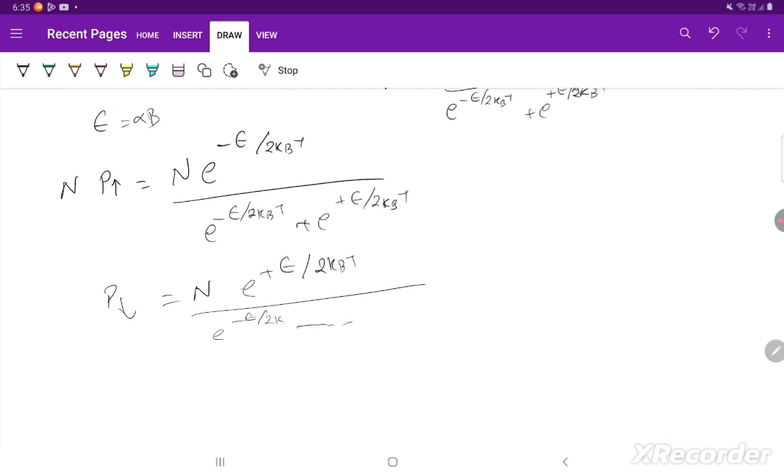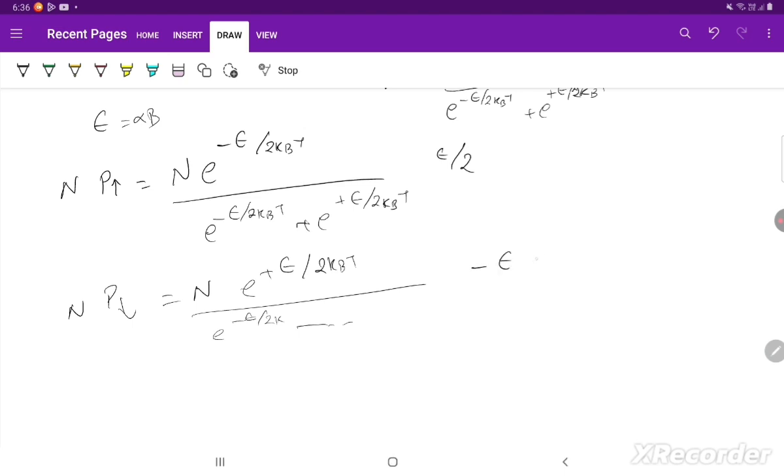Now, what is the energy of the particles possessing a positive spin? It will be just multiplying with epsilon m, that is epsilon by 2. What is the energy of the particles possessing negative spin?